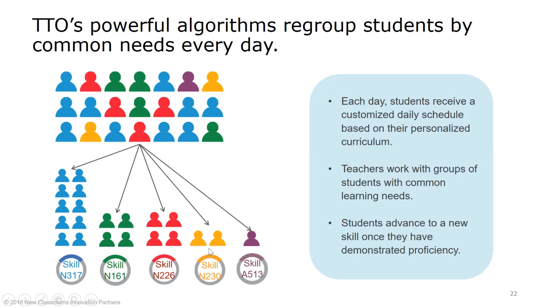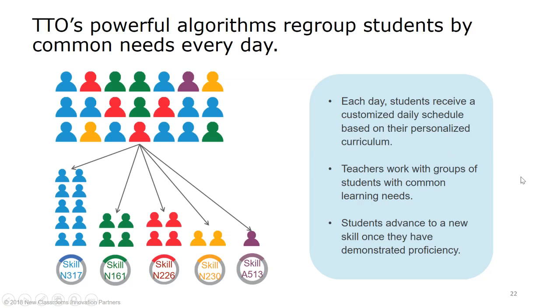As you can see, the diagnostic may show that some students are ready to go beyond the prerequisite skills to a higher level of skill, maybe because these students are above grade level. So the technology uses the data to personalize the curriculum for each individual child.